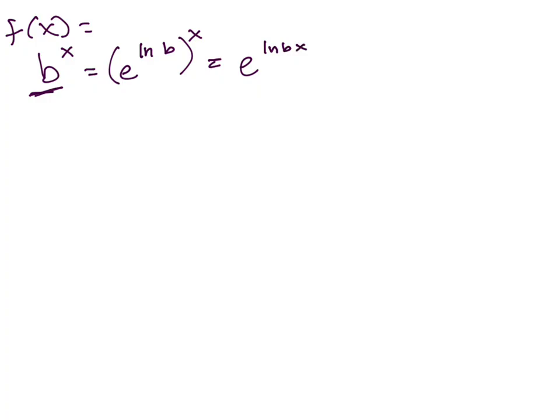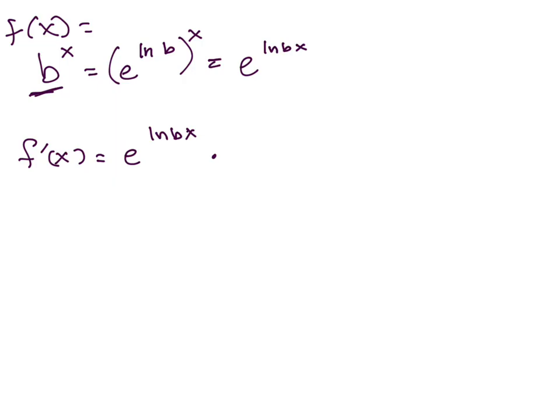Just let it be. Now, it is e to the stuff. Can you tell? Okay, so its derivative is going to be e to the stuff, natural log b times x, times the derivative of the stuff, which, natural log of b is going to be any number, right?